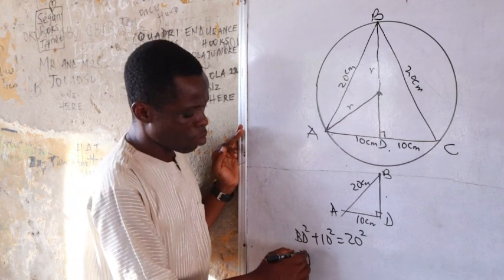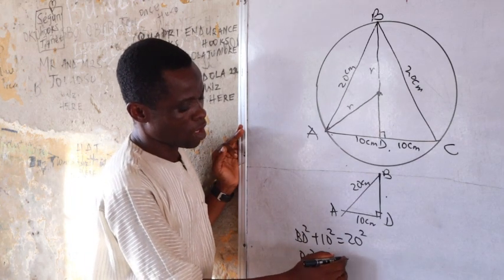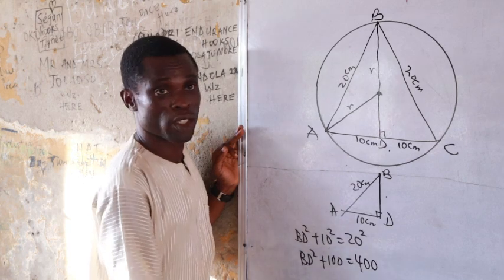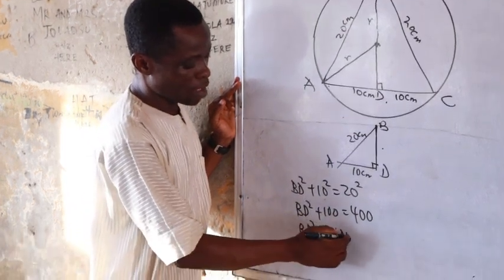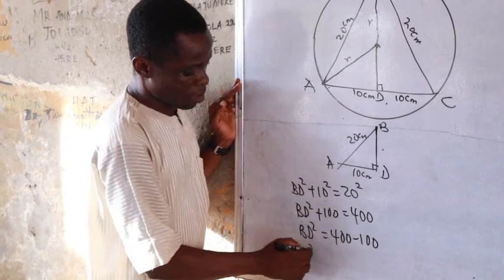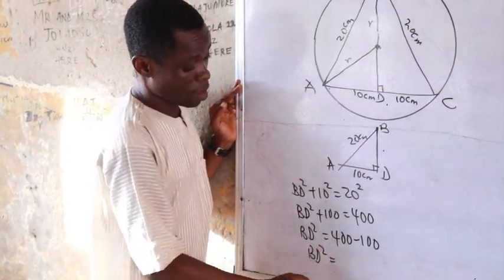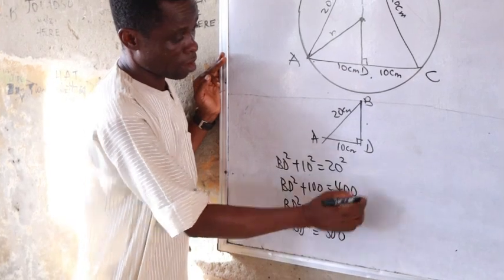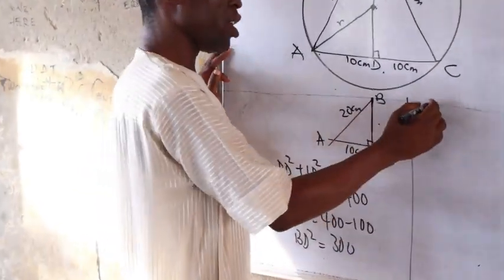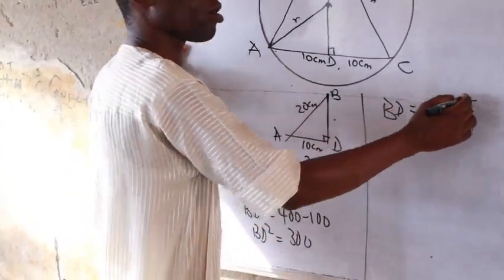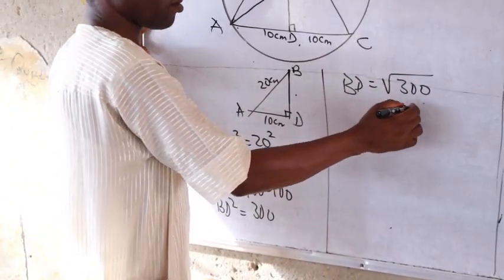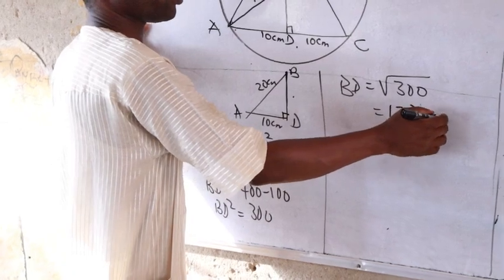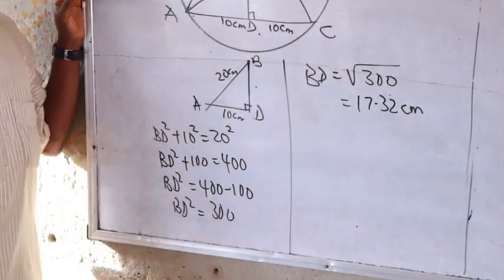Then we have BD square plus 100 equals 400. BD square is equal to 400 minus 100. BD square is equal to 300. BD is now equal to square root of 300, and that is 17.32 centimeter. That is BD.